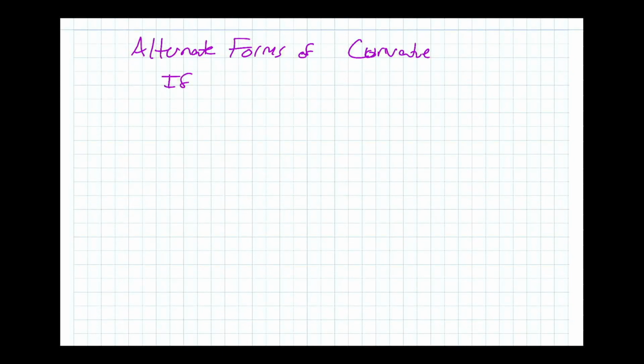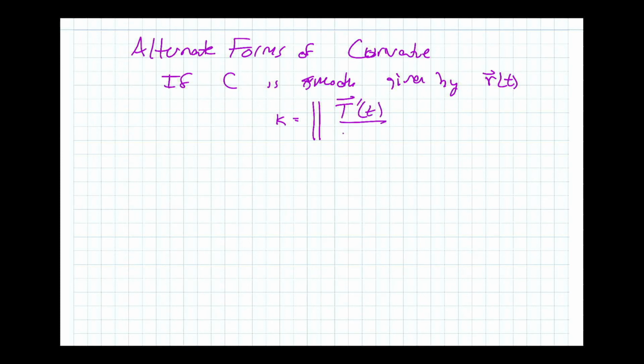So if C is smooth, given by r of t, right? So that's not arc length parameter anymore. Then what you'd have to do is the kappa would be the magnitude of T prime of t over r prime of t, like that.